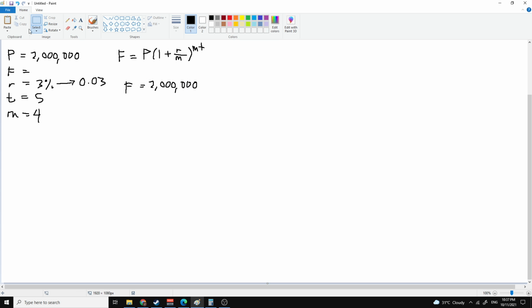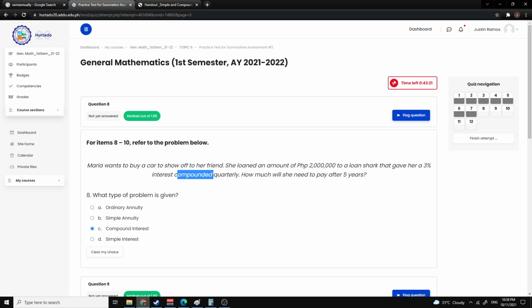That's our principal value, and times that by 1 plus 0.03, which is our 3%, which is our interest rate, and then divided by M, which is the amount of times a year the interest is compounded, and then again over here 4, and then the time is 5. So 5 years. So yeah.